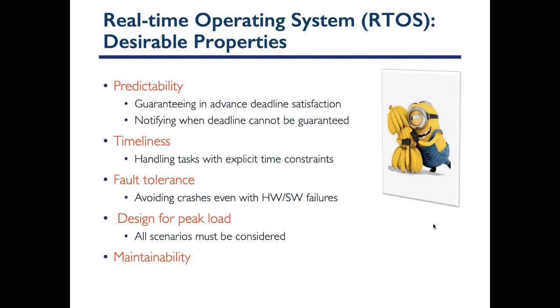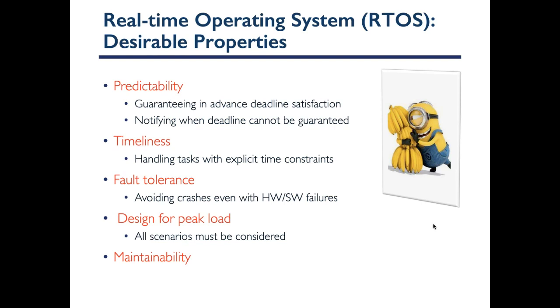We also want fault tolerance. As you could imagine, for instance, in an electronic engine, you don't want a fault of a wire there to crash the whole engine. You want to isolate the fault and then deal with it in isolation without crashing the entire system.